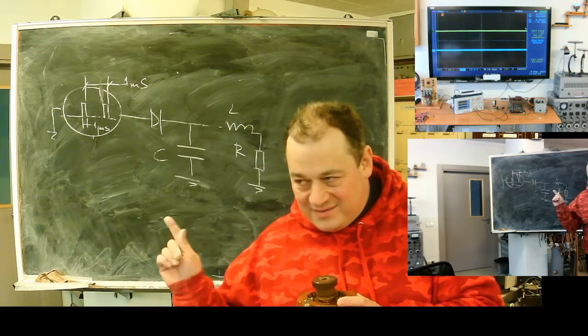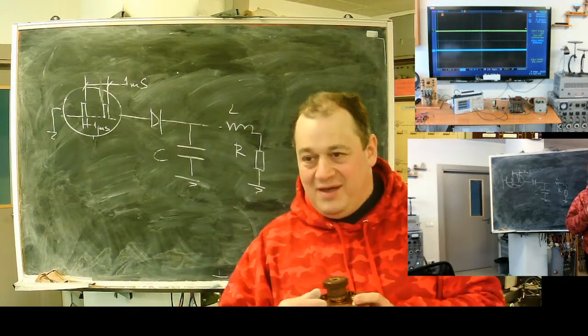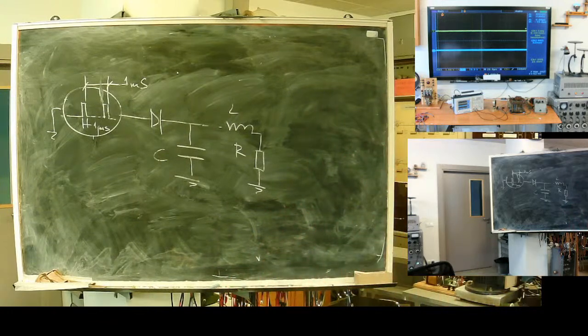Let me demonstrate one thing. I'll speak a bit about it. But actually, there is a special measuring device called a Schering bridge. With the help of the Schering bridge under high voltage, we can measure losses in the dielectric.